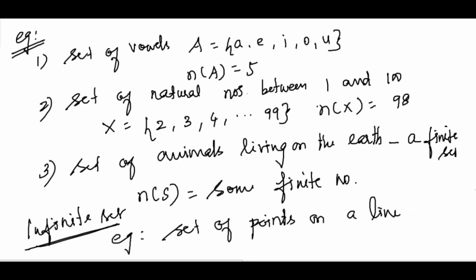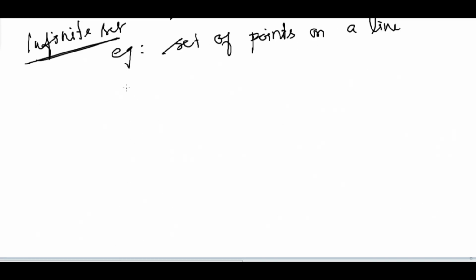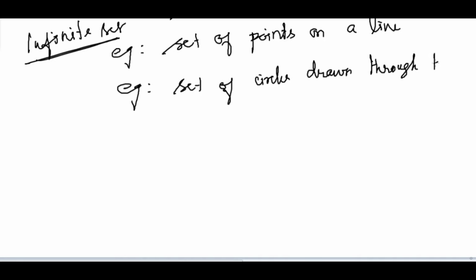So that is an infinite set. Second example, set of circles drawn through the origin. Through the origin we can draw infinitely many circles. So that is also an example of an infinite set. Like this we can give many examples.